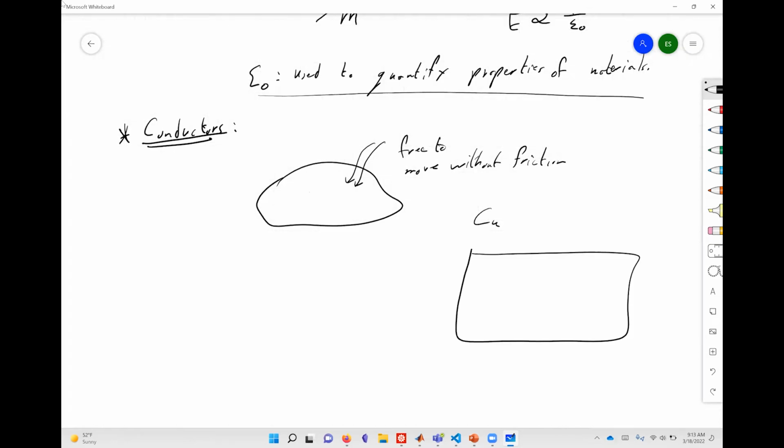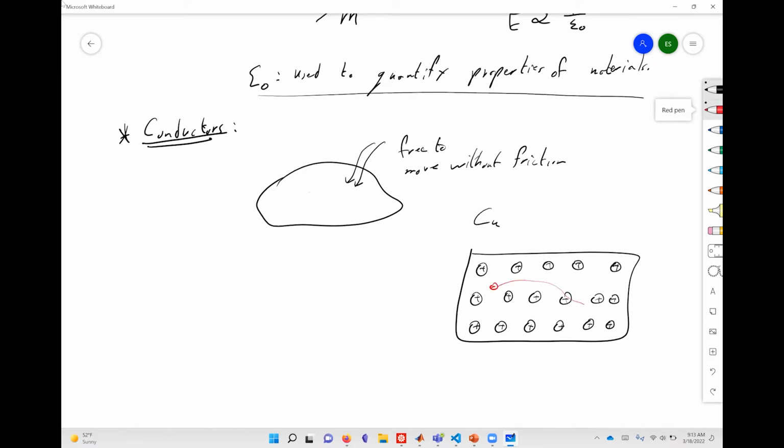Even if all the charges, well, the positive charges are the nuclei of the atoms, right? So they're not really free to move. What I mean by free to move charges is the negative charges, the electrons. So the negative charges are free to move everywhere.